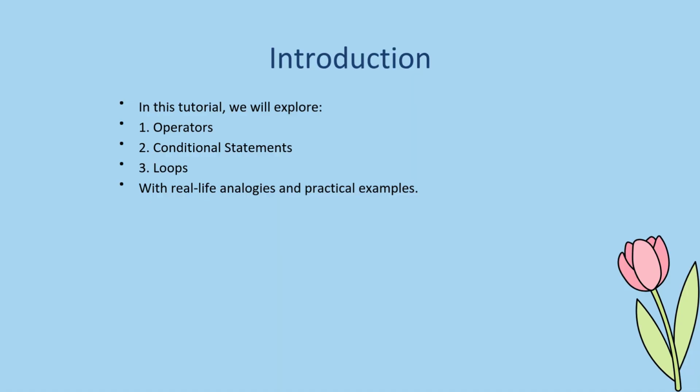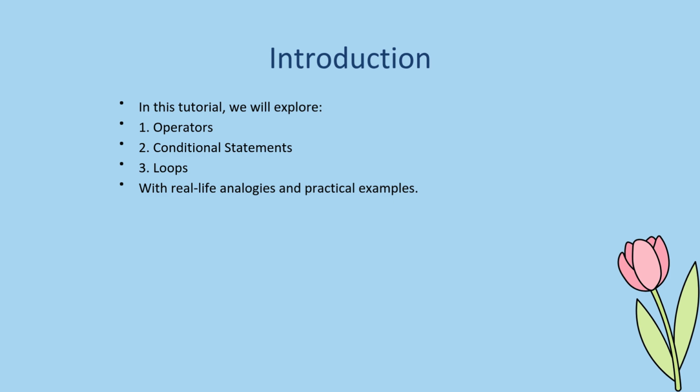Today we are diving into three essential building blocks of Python programming: operators, conditional statements, and loops. These concepts are the foundation of writing efficient and logical programs. Operators allow us to perform calculations, comparisons, and logical operations just like a calculator, but inside our code.